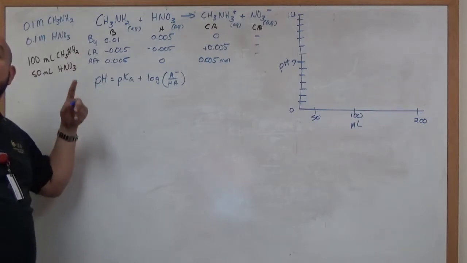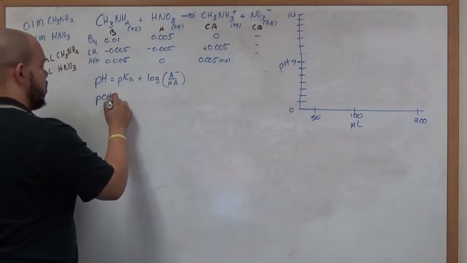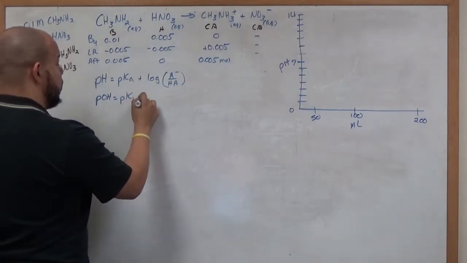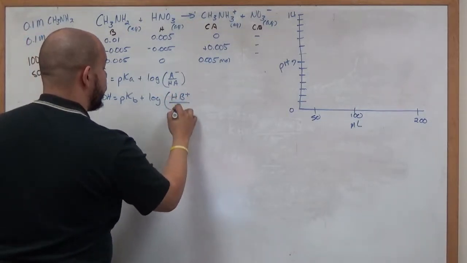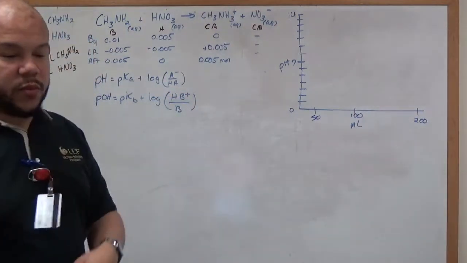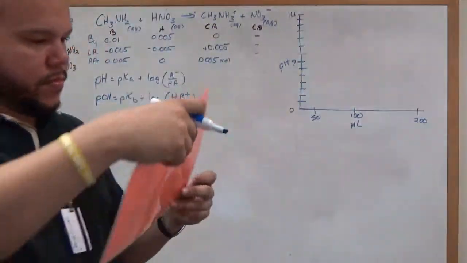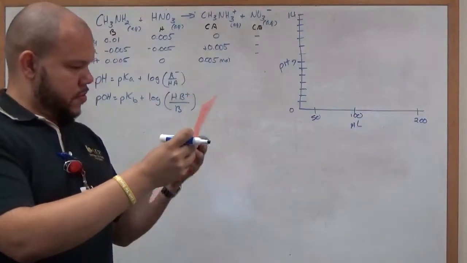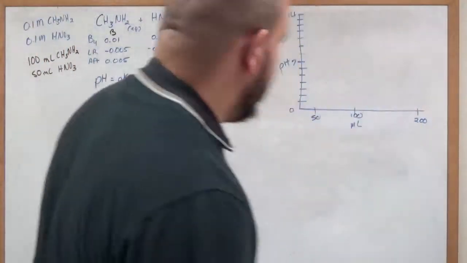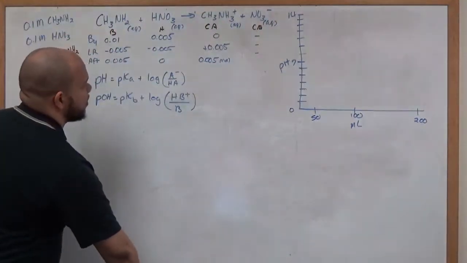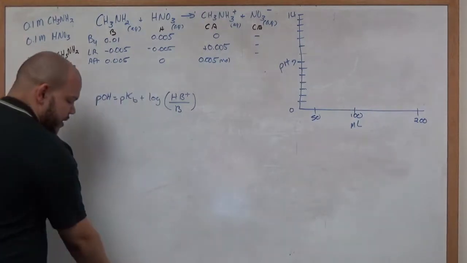You could use this, but I would suggest to utilize pOH is equal to pKb plus log of the conjugate acid over the base. And again, this is on your reference materials. So remember that. Always use your reference material. So I suggest you use the pOH. Now, you're going to have to convert that to pH, but that's simple.